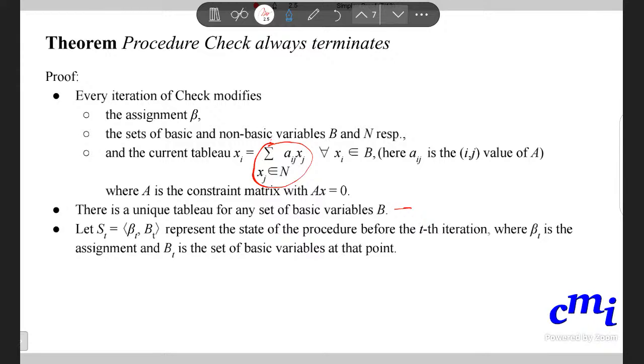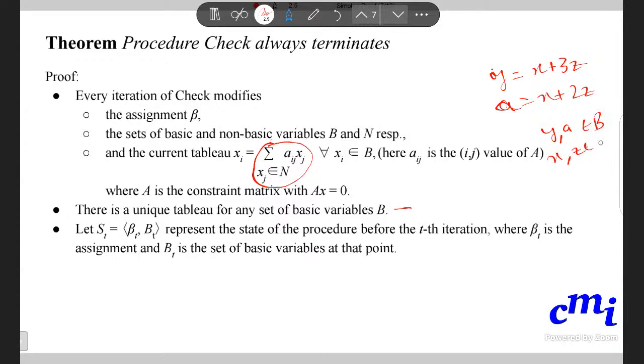Maybe you can take a 2-variable example, with 2 equations, and illustrate it to Harsh. So let's say we have this. Here the basic variables are y and a, and the non-basic are x and z.